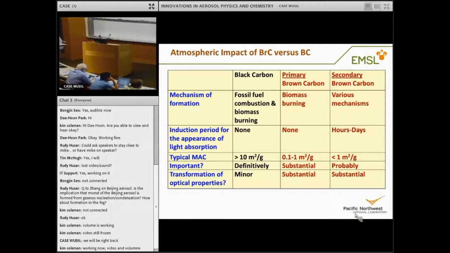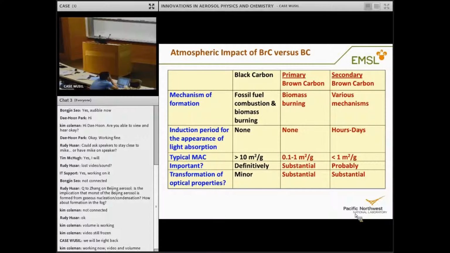Okay, so part of the brown carbon also comes from combustion, but kind of poorly controlled combustion, not, let's say, engine combustion. It's mostly really uncontrolled burns or forest fires. And then there are some, really unknown yet, but various mechanisms of the secondary brown carbon production.